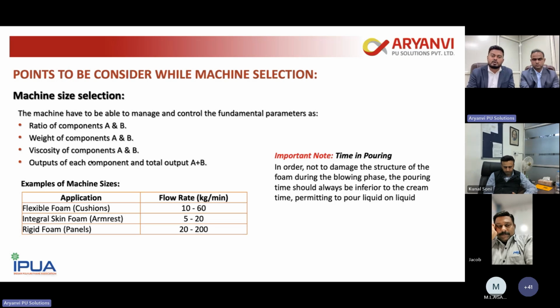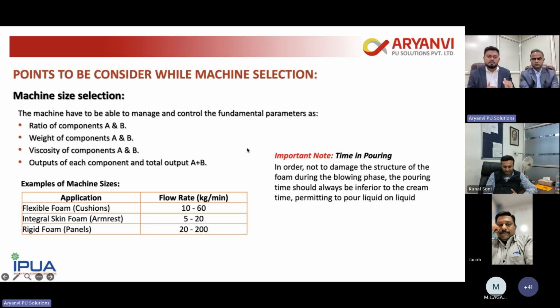So imagine your cream time is 30 seconds. It is very important to complete your filling time or injection time before your cream time, in order not to damage the structure of the foam during the blowing phase.